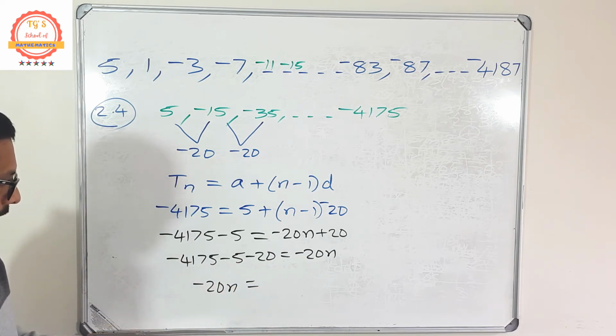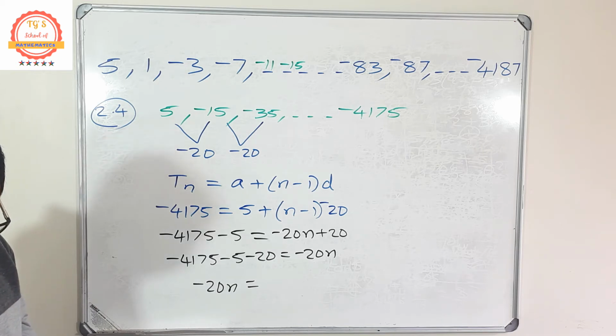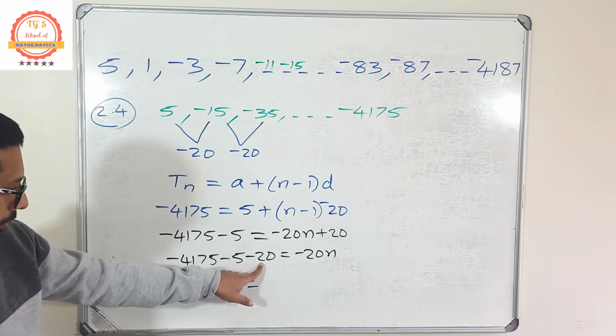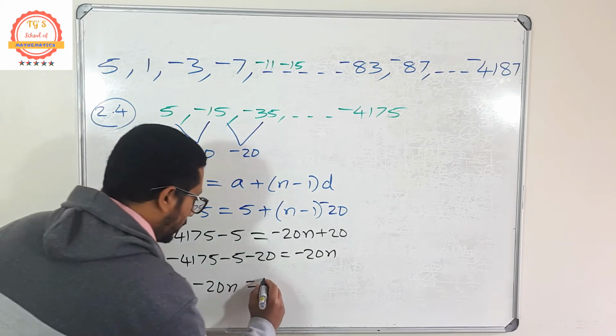Okay, I think it's minus 4000 minus 25, so it is minus 4200.